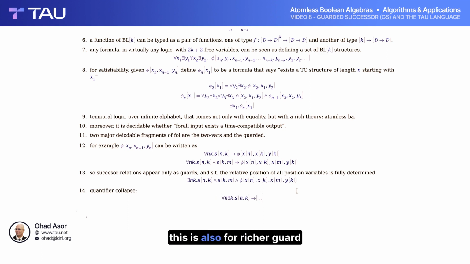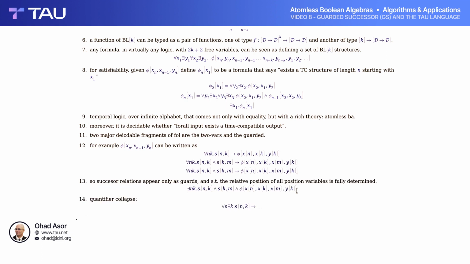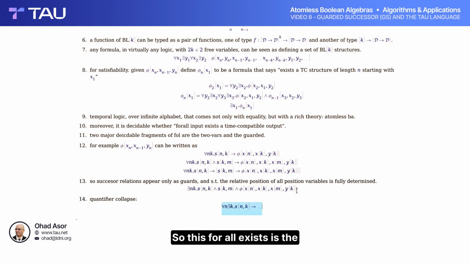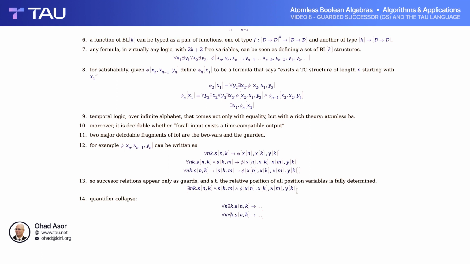By the way, this is also for richer guard because this conjunction I can also write like this. So this for all exists is the same as for all, because each number has only one successor. So this is nothing but for all.